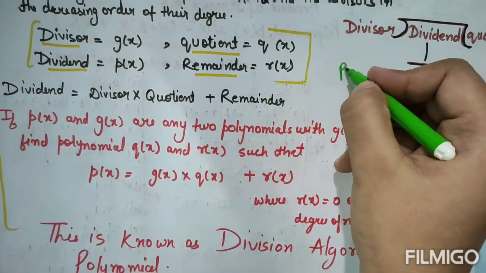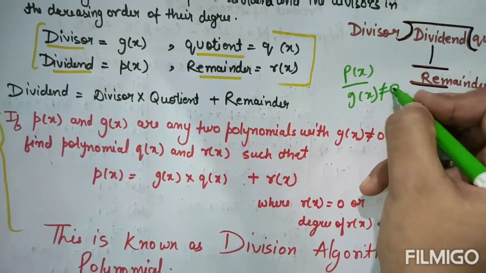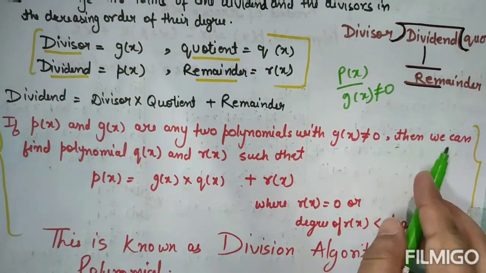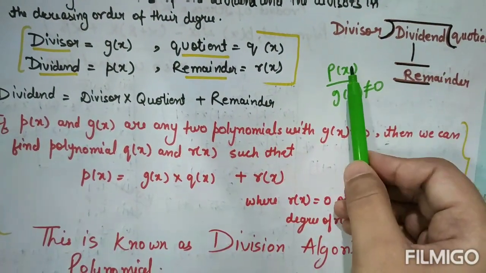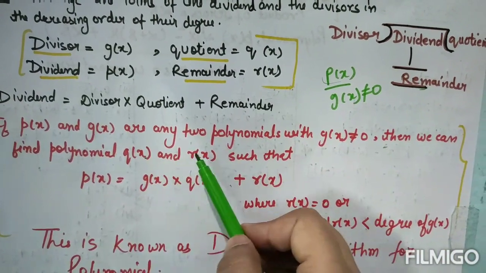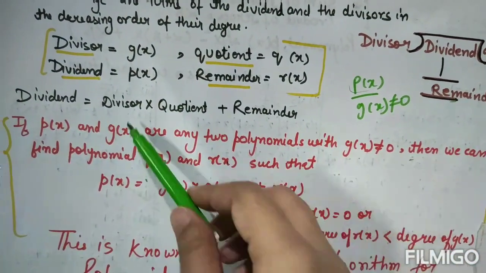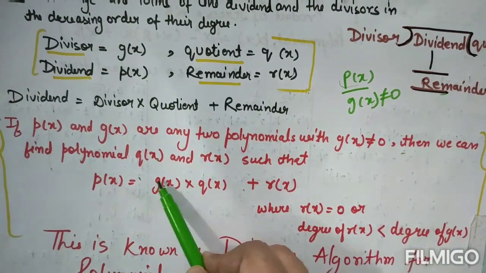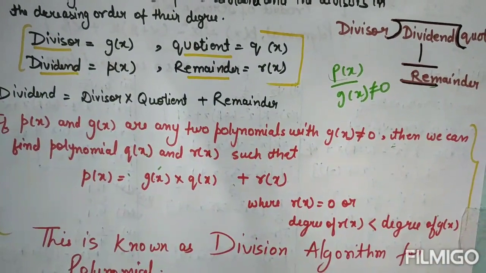The denominator can't be 0. If this is p(x) and this is g(x), then g(x) can't be 0. Clear? Then we can find polynomials q(x) and r(x), the quotient and remainder when we divide p(x), such that p(x) will be equal to g(x) multiplied by q(x) plus r(x).